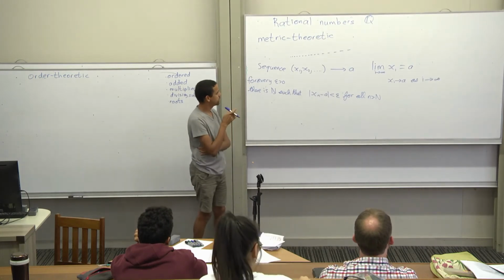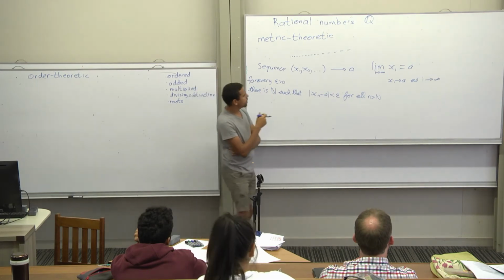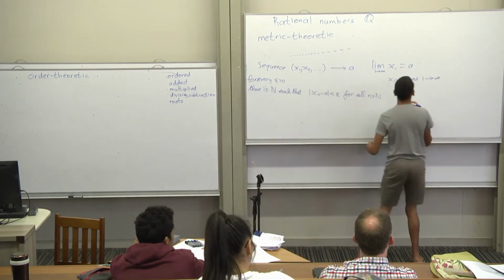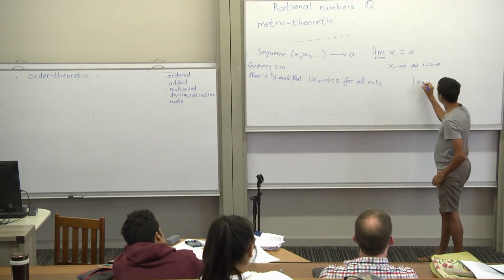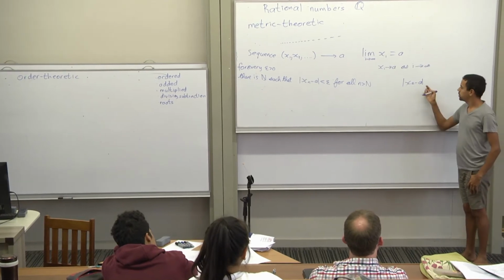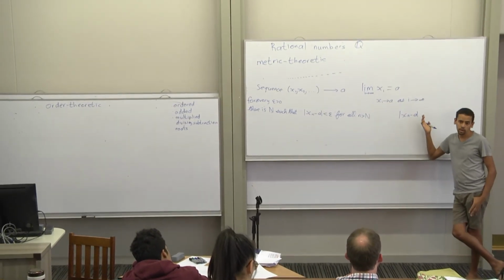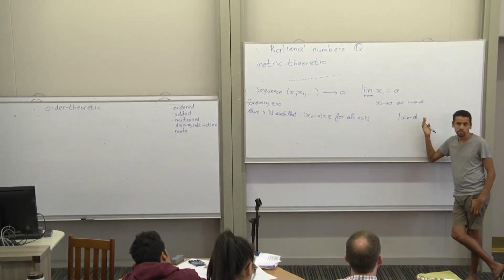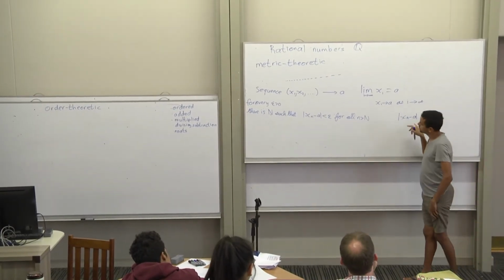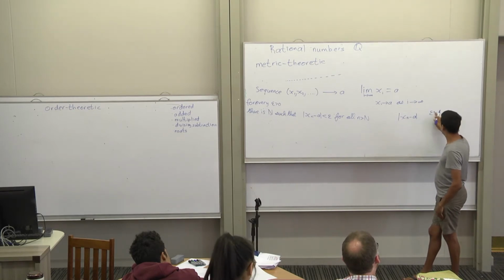But think about it something like this. I want this xn minus a to be small. Let's say I want this difference to be less than 0.1, for instance. So epsilon is our 0.1.